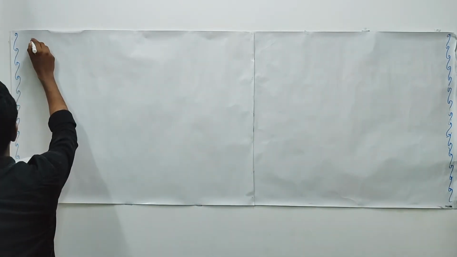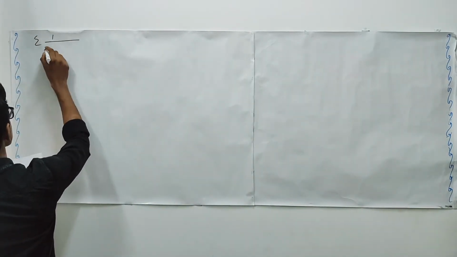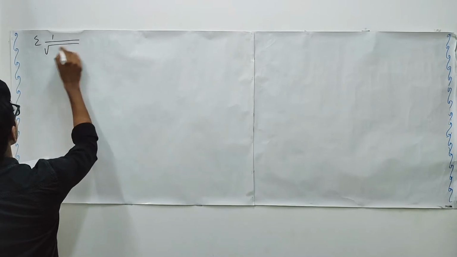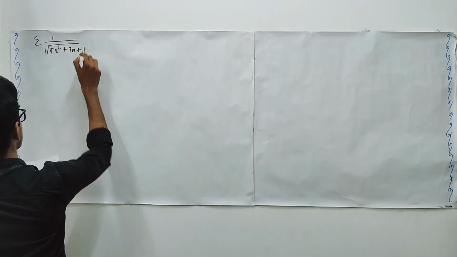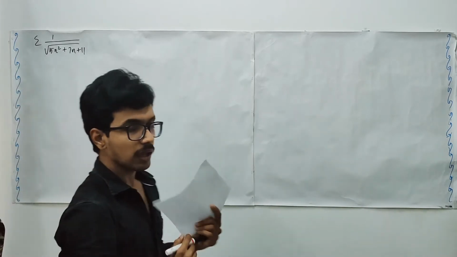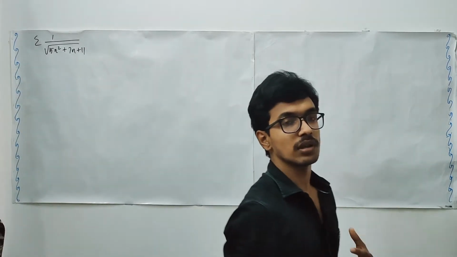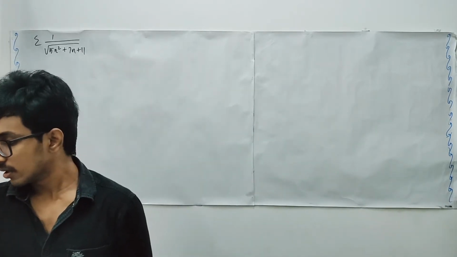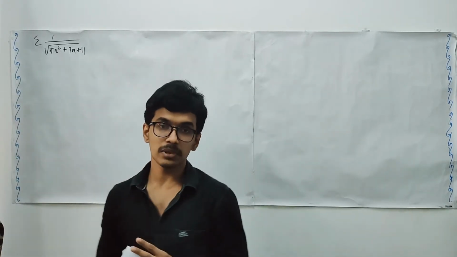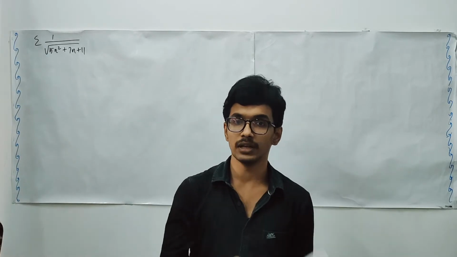First, let us look into the problem: summation 1 upon under root 5n square plus 7n plus 11. Before making use of the comparison test to solve the series, we will have to remember the previous things that we have learned.